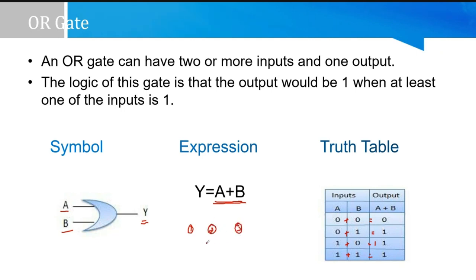Out of three trial rooms, if any one is vacant, people waiting outside should know that any one of the trial rooms is vacant, so they can go and try. So it should show vacant. If you use a 3-input OR gate here, if any one of the inputs is vacant, it will show output as 1. So the people will go and do the trial. So here they can use the OR gate application.